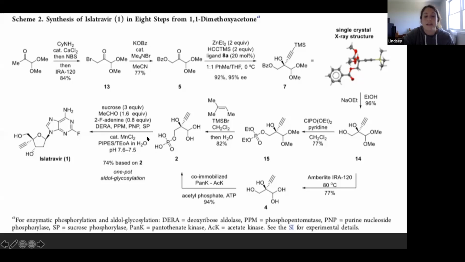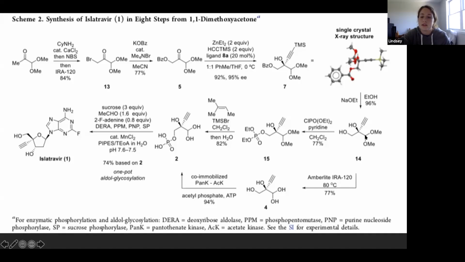Yeah. And then this is the step that Emily covered yesterday with the 4 different enzymes and stuff. And then they also found an alternative pathway, in which they use the Amberlite resin, which I talked about last week, if you remember at all, which is basically used in place of an acid to protonate.